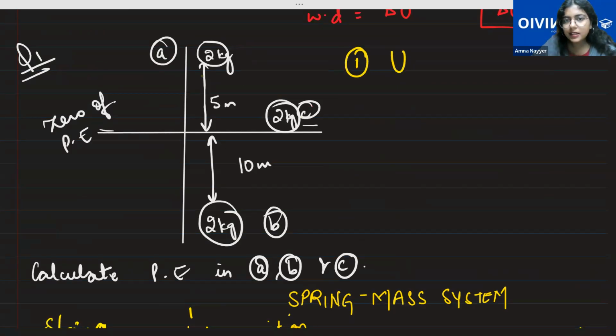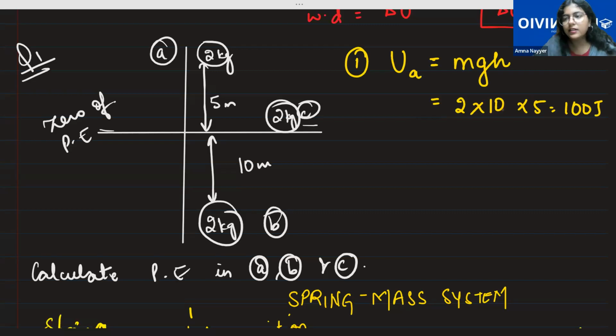First question, the potential energy at point A. The body has been taken from the zero of potential energy up to 5 meters. So potential energy is mgh. The mass is 2, g is 10, height is 5, that is 100 joules.